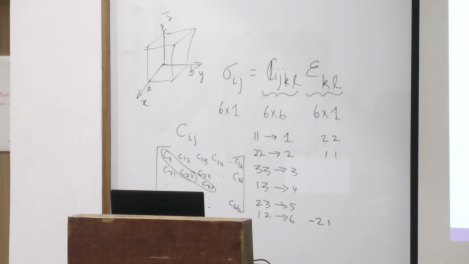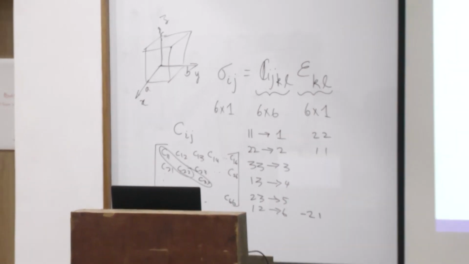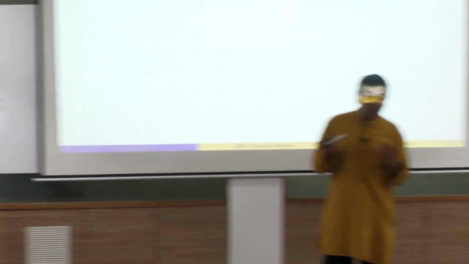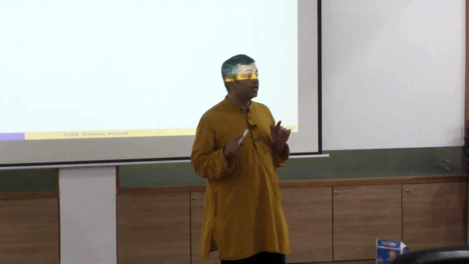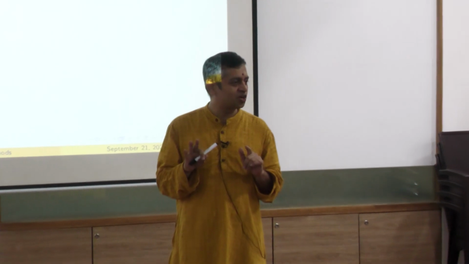So this is how, I mean somebody said symmetry or something, right? This is how you use the symmetry arguments to show how many non-zero components there are and how many independent components there are. By the way, with 3 independent components, how many non-zero components?